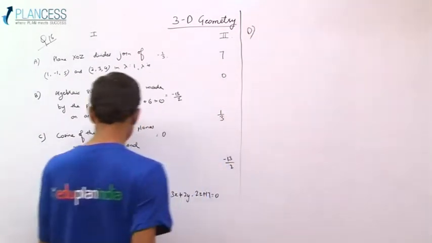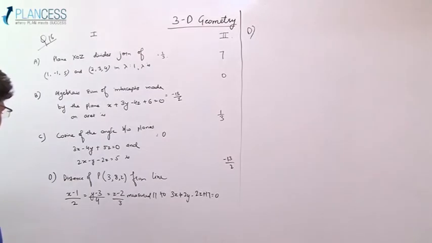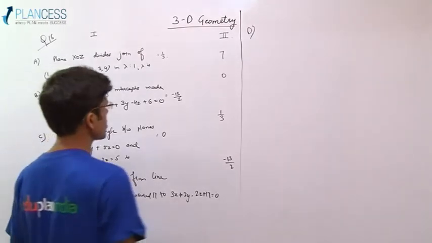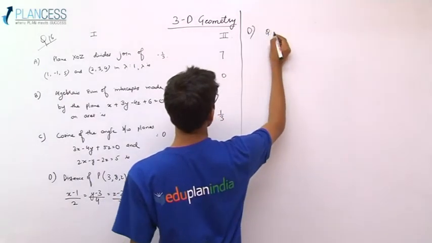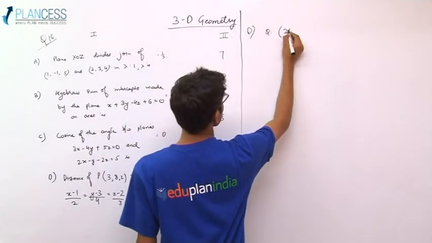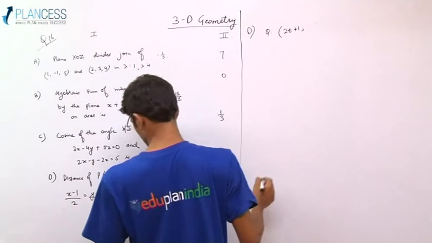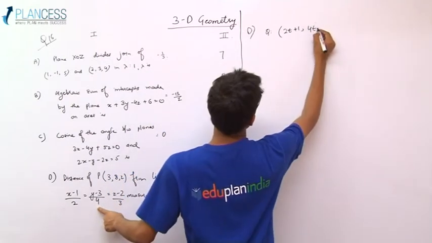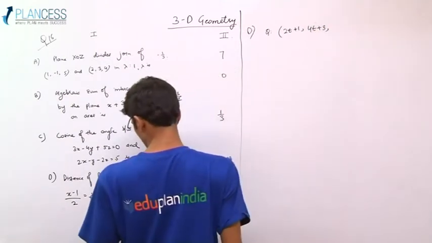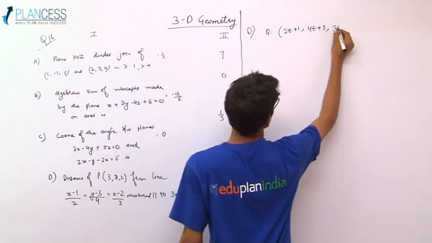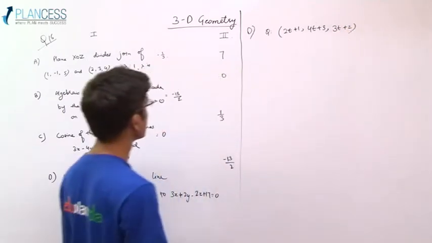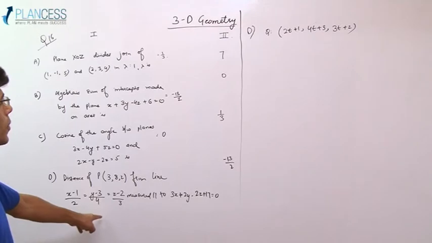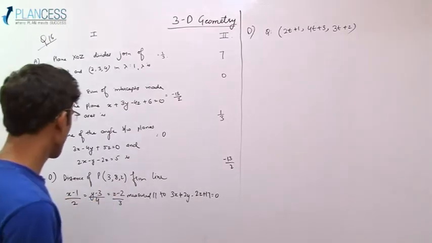We have to find the distance of this point from the line, measured parallel to this plane. So any point on this line, say Q, can be written as (2t + 1, 4t + 3, 3t + 2).